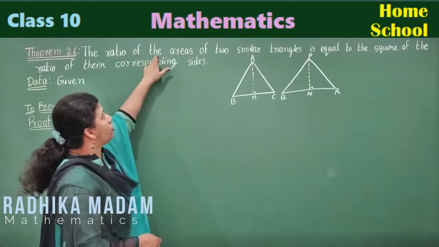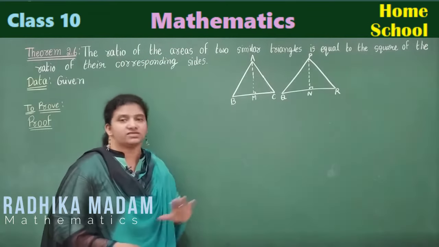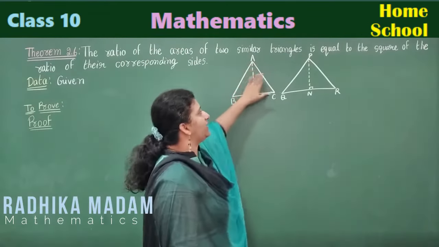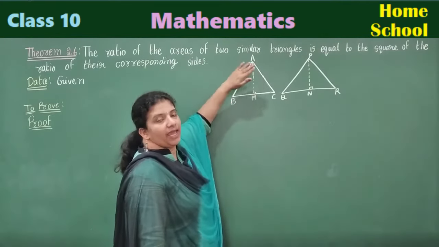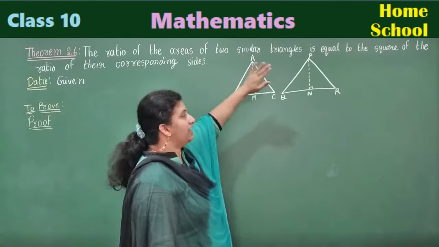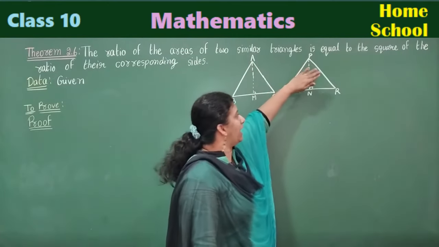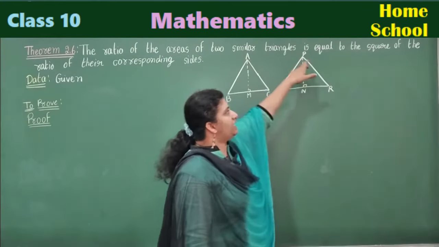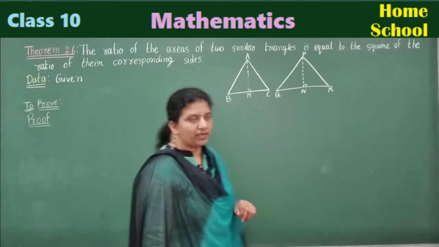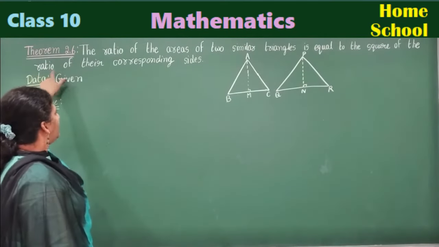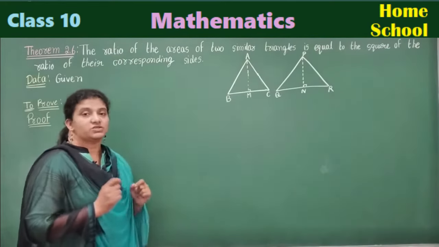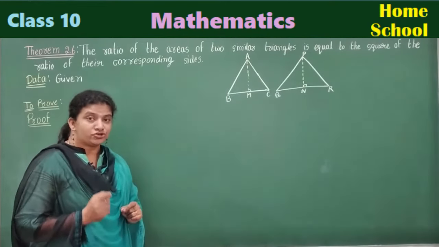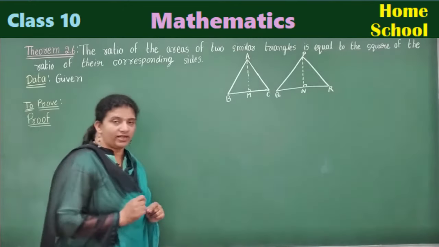The ratio of the areas. See here, the complete inside space we call the area. Area of this triangle by area of this triangle is equal to the square of the ratio of their corresponding sides.